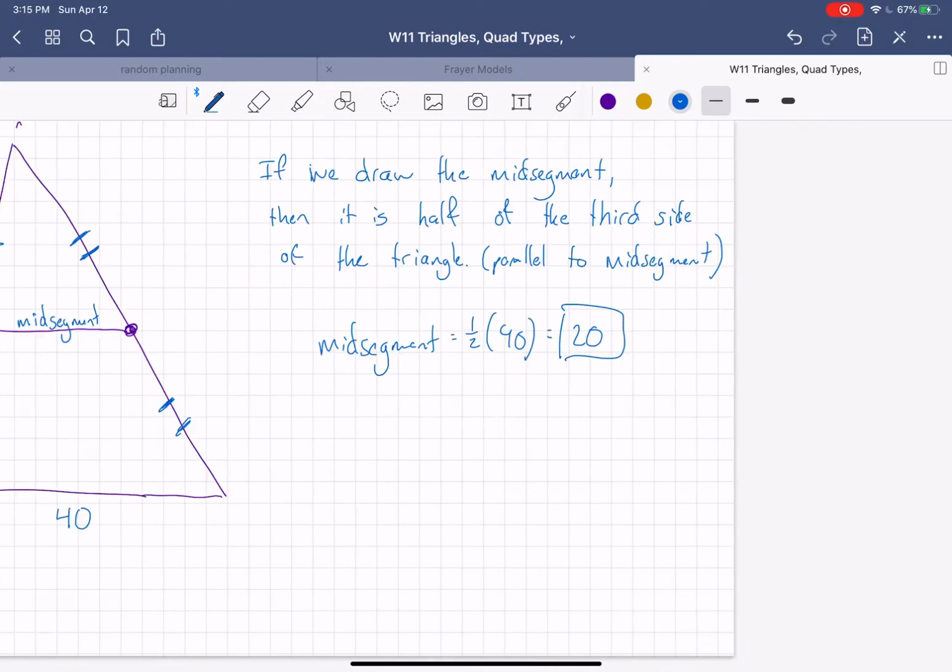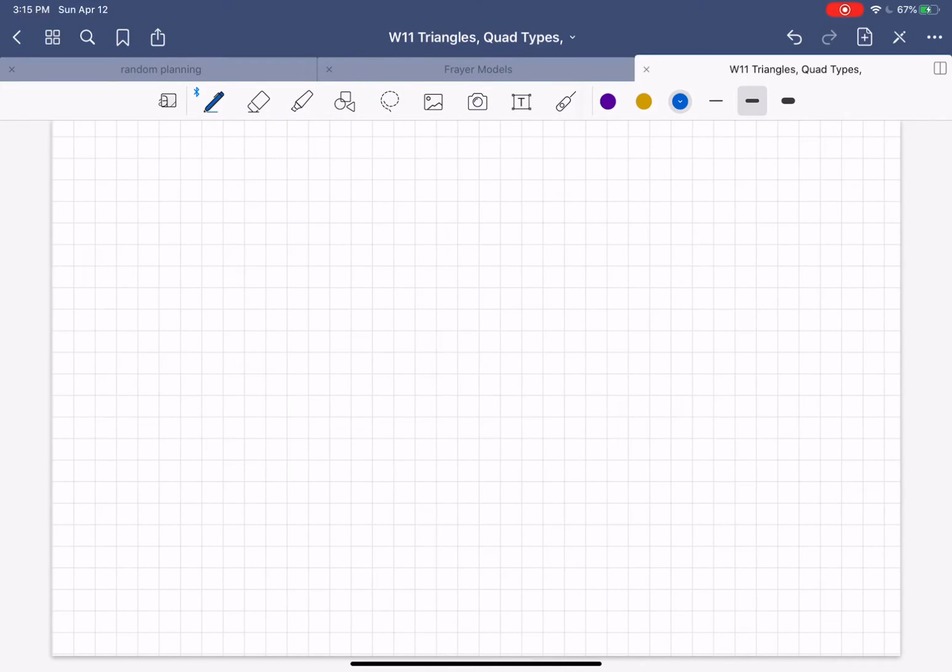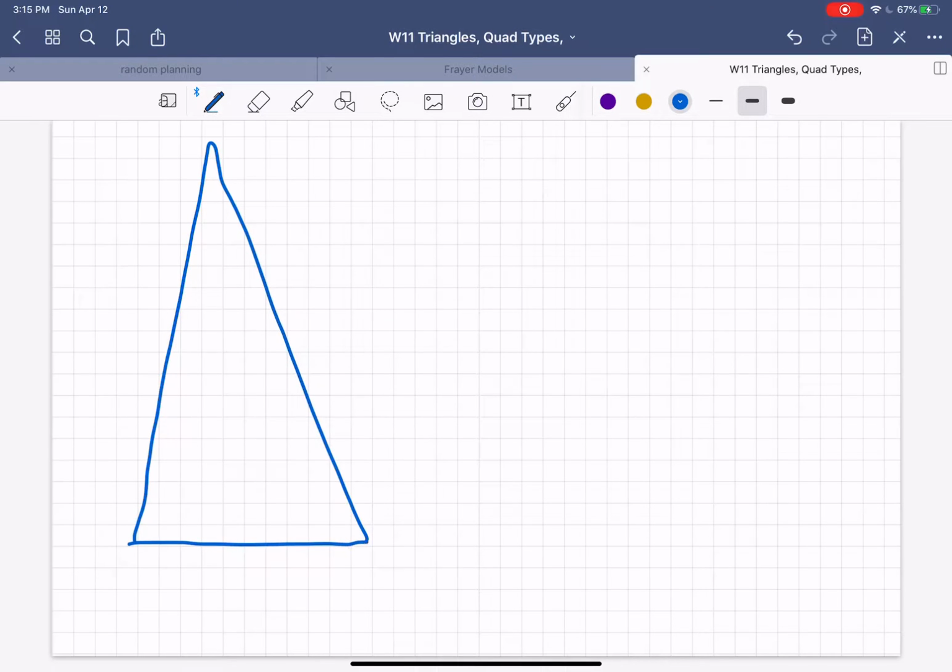But let's look at a little bit more of a complicated scenario. We have a triangle. I'm going to draw a mid-segment, and I'm going to label some of these sides. I'm going to say that the mid-segment is 2x plus 4.